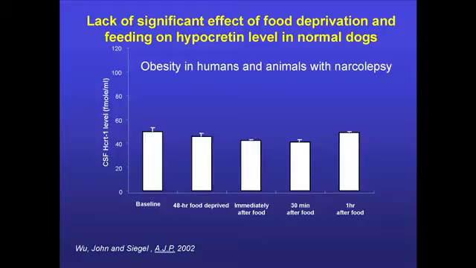So we tried to directly test this hypothesis, and this is in normal dogs. We have narcoleptic dogs, and we have breed-matched control dogs. And we food deprive these dogs. They normally get fed once a day, so 48 hours food deprivation is actually just missing one meal, but they're hungry.